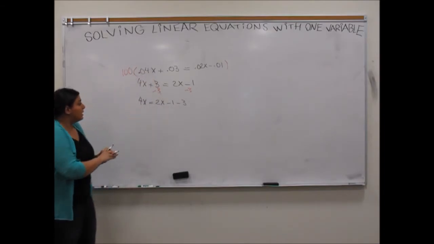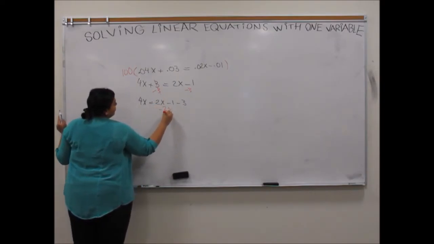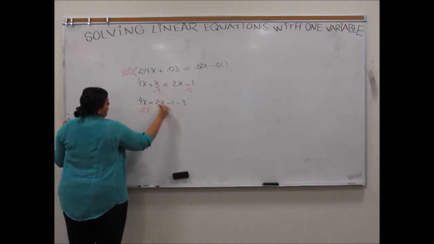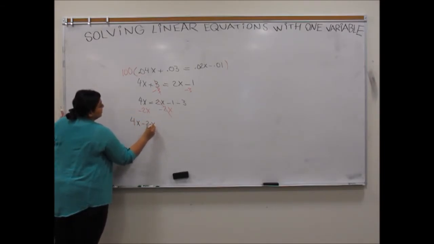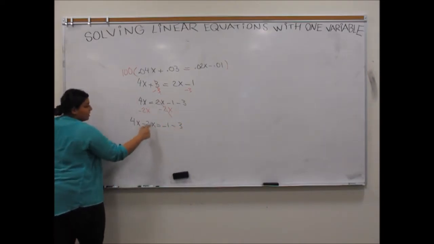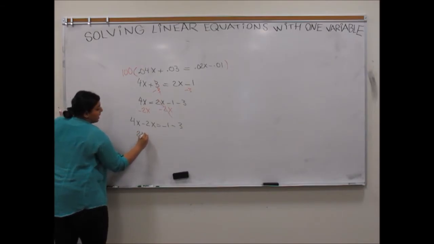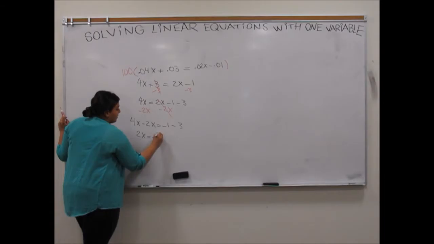It's positive, so I'm going to do negative 2x here, negative 2x there. So I have 4x minus 2x equals negative 1, negative 3. Simplifying even more, 4 minus 2 is 2x equals negative 1, negative 3 is negative 4.